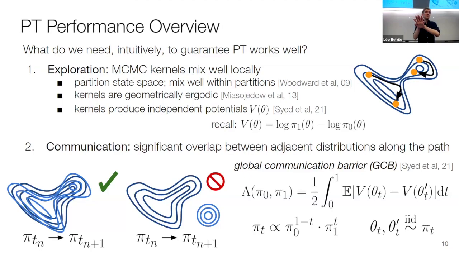So a large value of lambda means it's sort of a long path, in the sense that there's not enough overlap. A small value of lambda means that pi naught and pi 1 are similar, and there's lots of overlap. So you can almost think of the GCB as a divergence measure between two probability distributions that characterizes the length of the path from one to the other in some sense. So that's what we need.